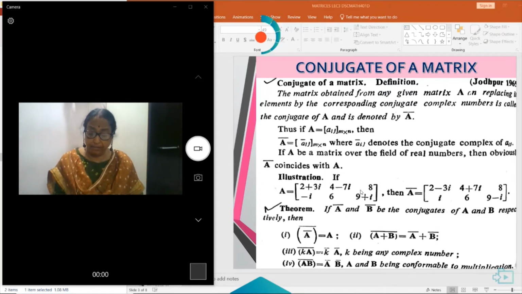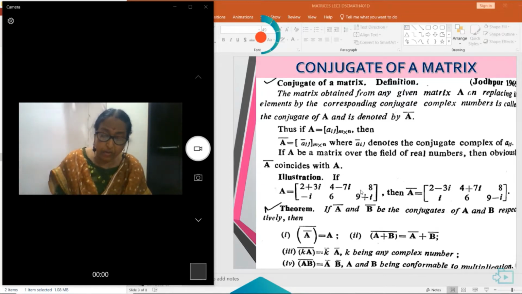Now take an example. A is equal to, in the first row, 2 plus 3i, 4 minus 7i, and 8, and in the second row, minus i, 6, 9 plus i.